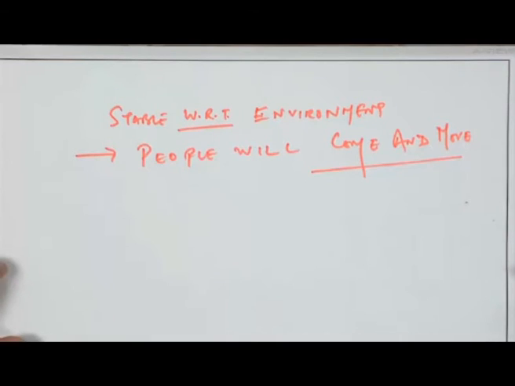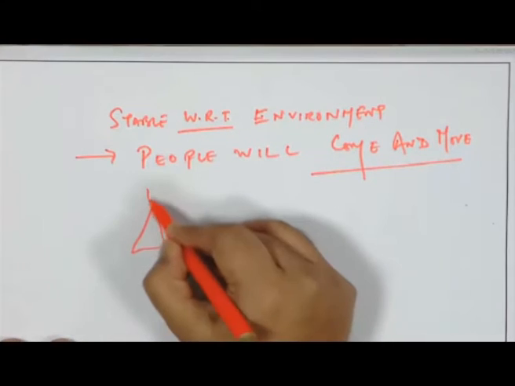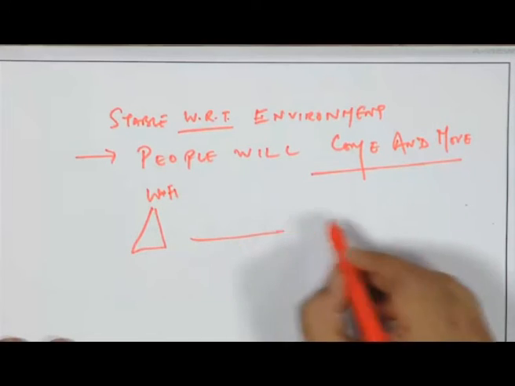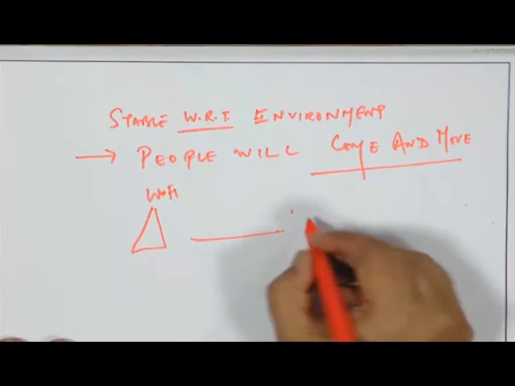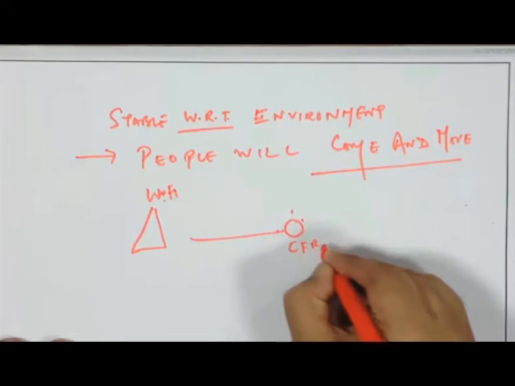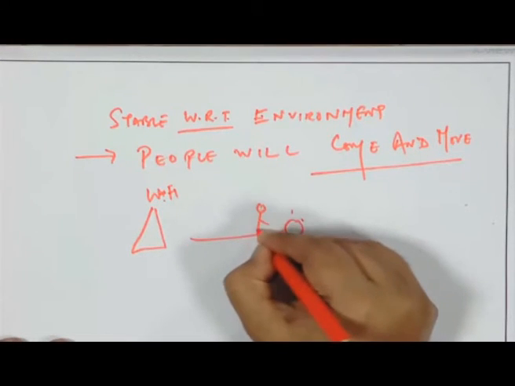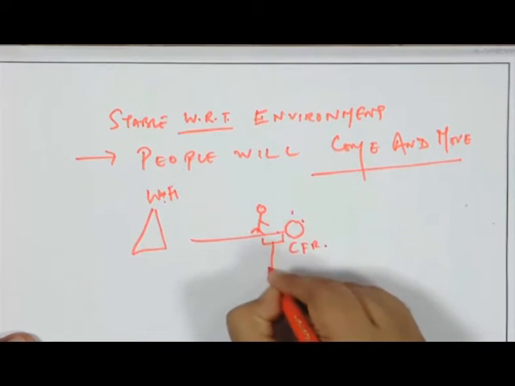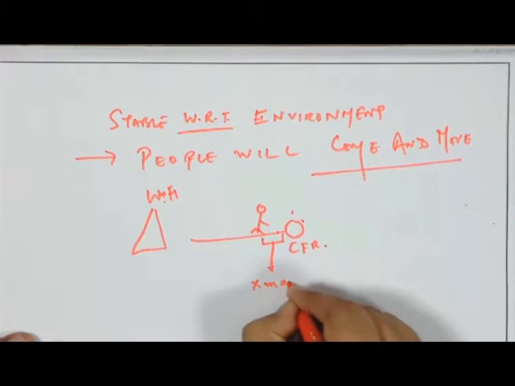So what we have to see is the cross correlation of the CFR observed without and with changes. Let me think of an experiment. There is a Wi-Fi, this is the spot, and you are having a CFR, and a person is standing here, say x meters away.